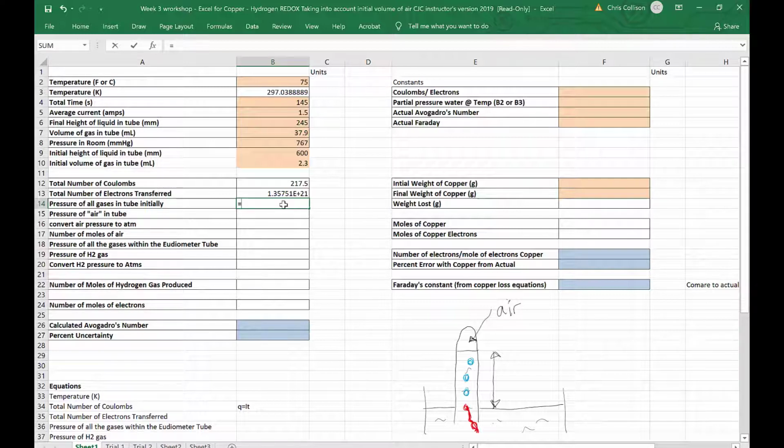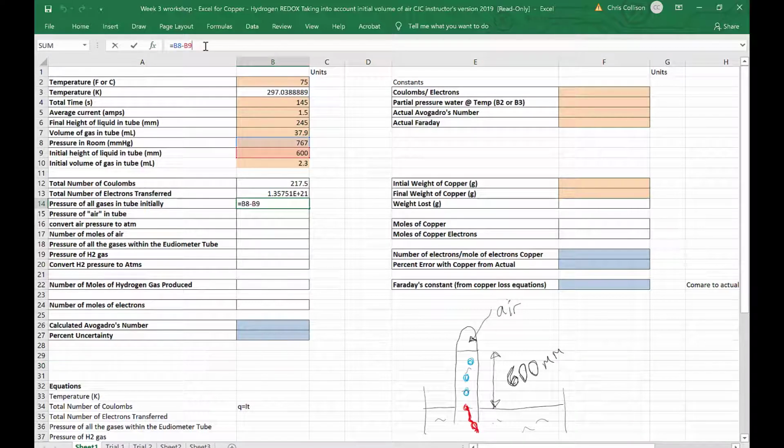So we're going to say, of course, we remember the initial pressure as being the pressure in the room, which is in B8, and we're going to subtract from that B9. We have this height, and this height initially we're saying is 600 millimeters.